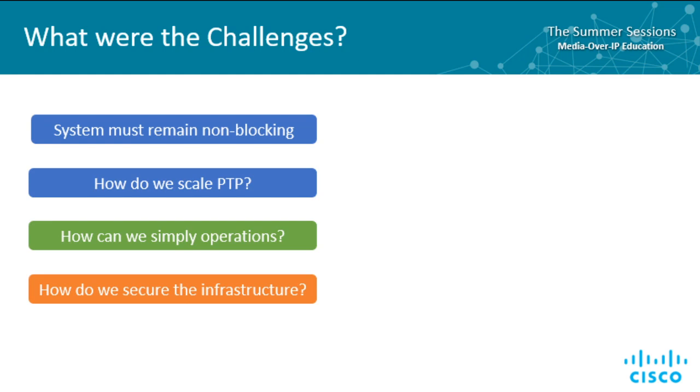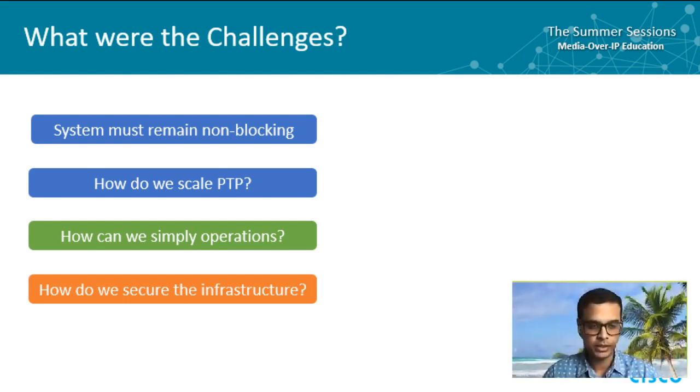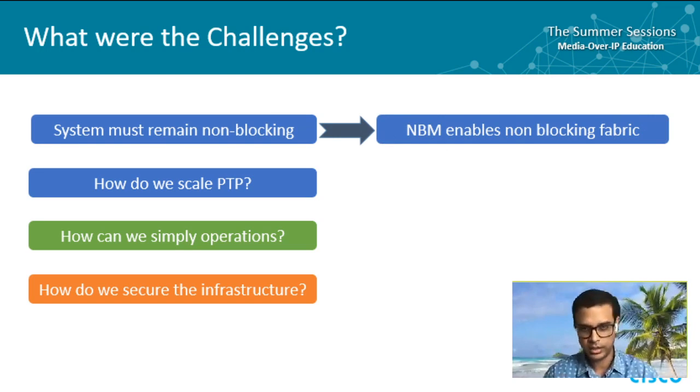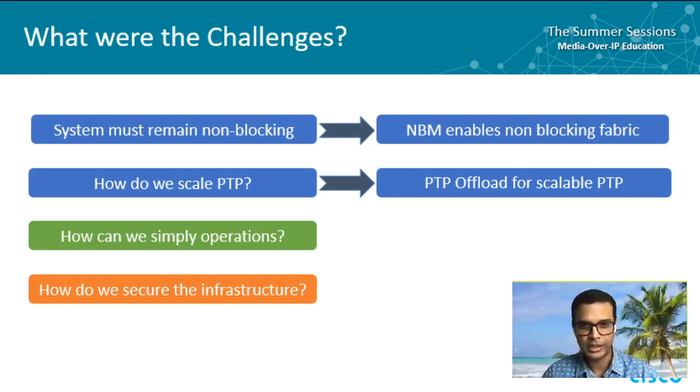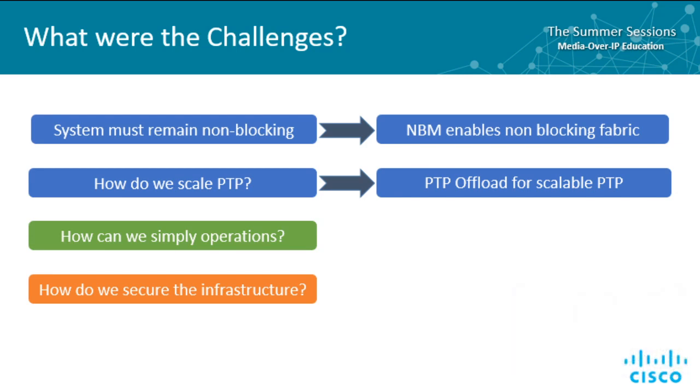So if I have to summarize, the challenges that were presented in front of us were around the system being non-blocking, the ability to scale PTP, and simplify operation and secure the infrastructure. So we've gone about doing that, right? We addressed the non-blocking portion using NBM. We went about scaling PTP by ensuring that we have this PTP offload.